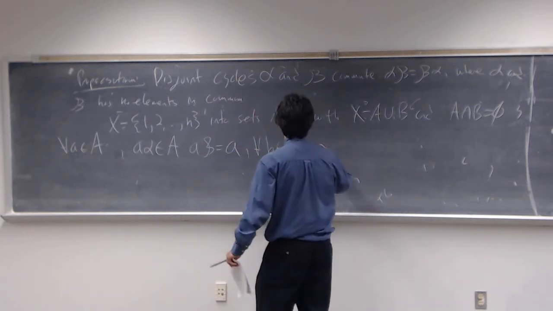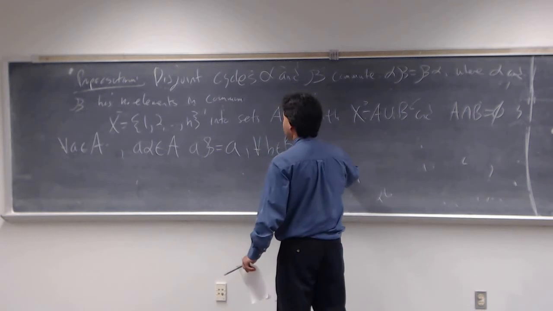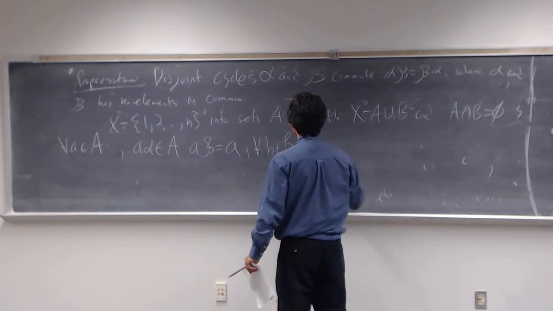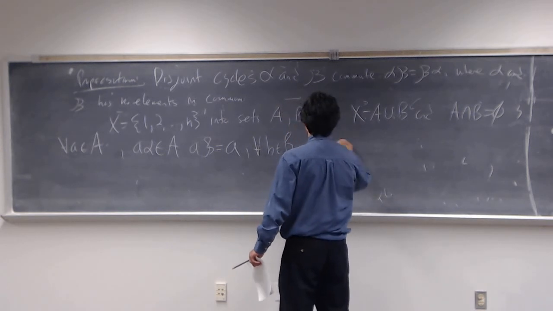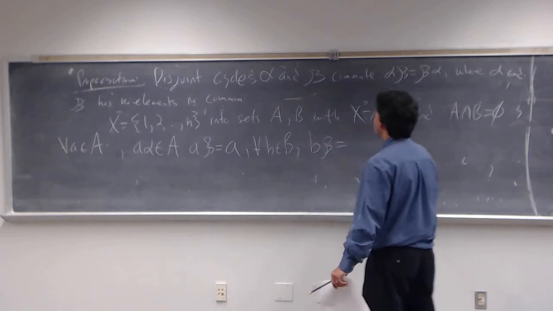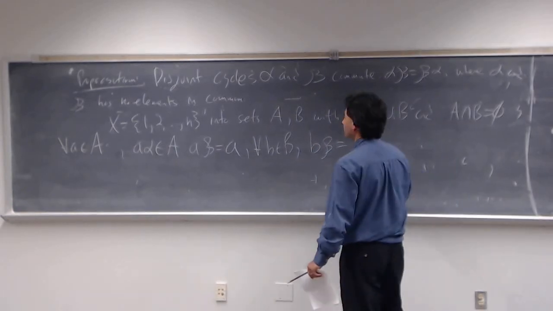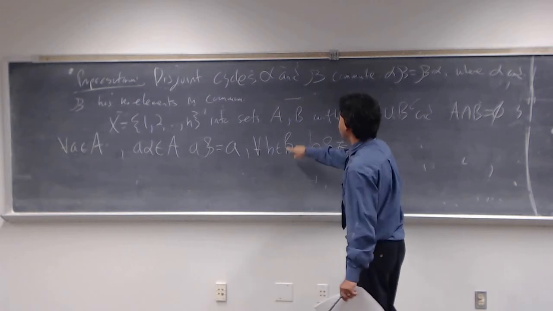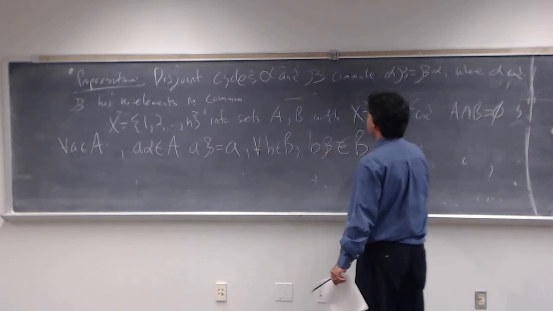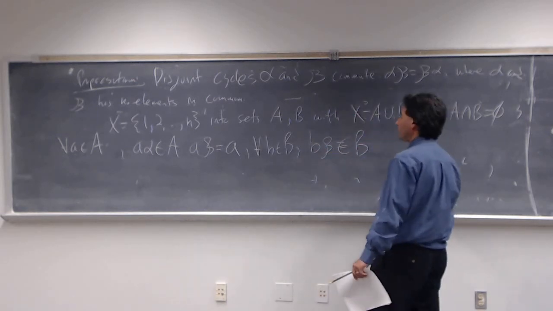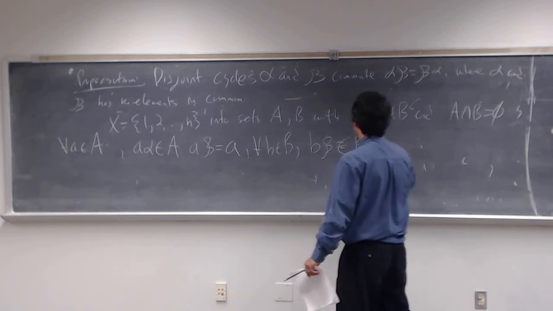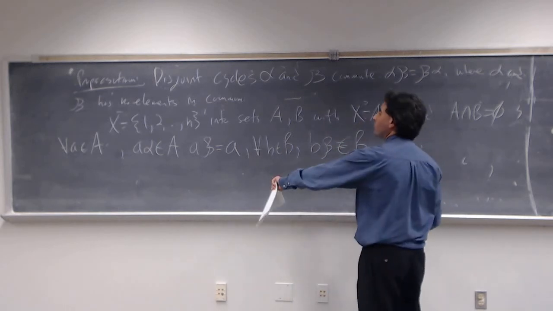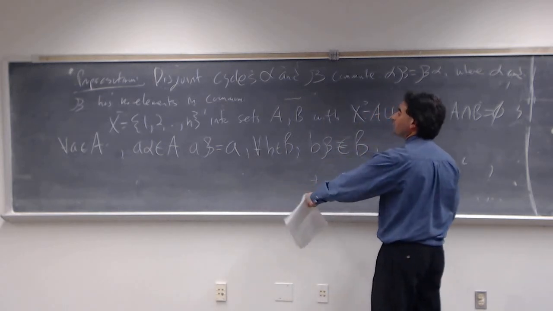And for all b in B, if we apply beta to b, that's going to be an element of B. So we put everything we see in the cycle beta in B, and everything in A we leave out because we know they have nothing in common.